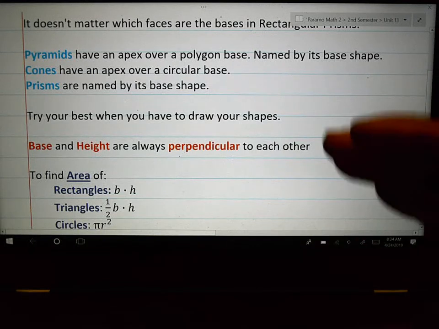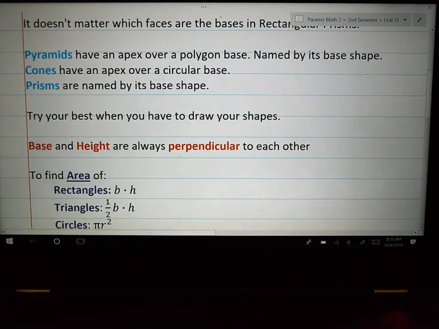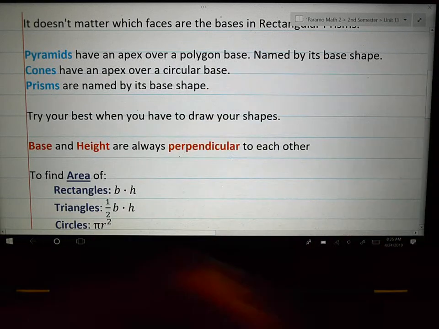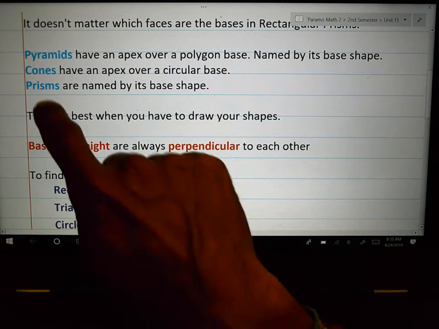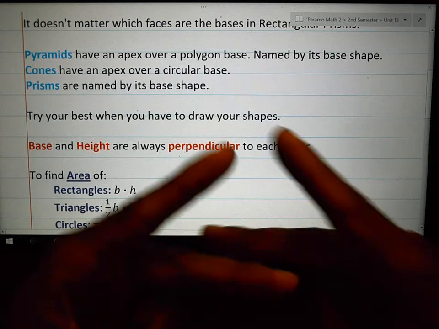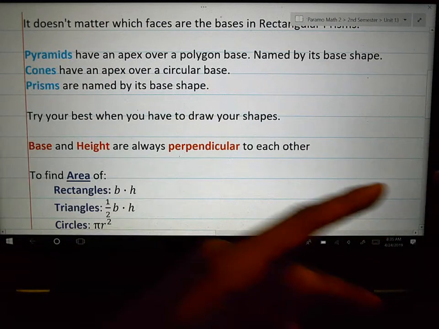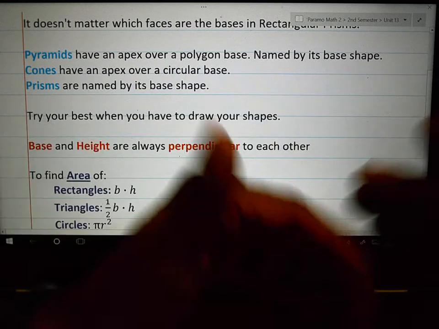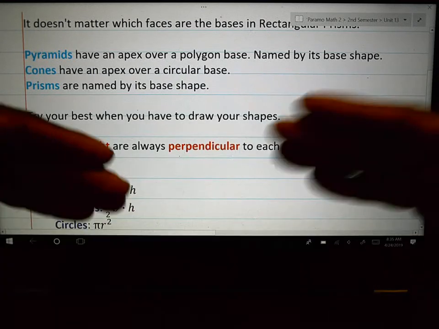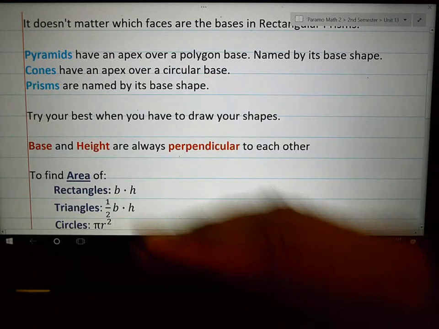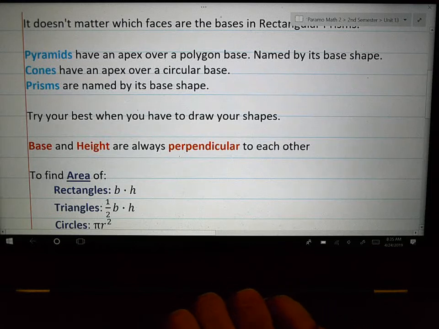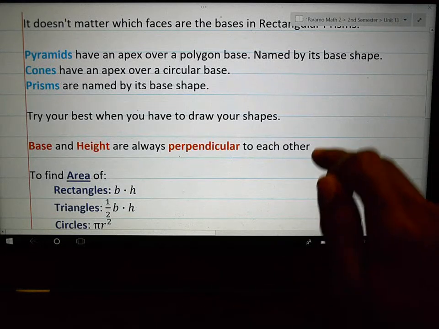You might have to count how many sides it has to be able to name the pyramid. If it's a cone, circular base, you just call it a cone. But if it's a prism, it might be a triangular prism, a rectangular prism, a pentagonal prism, or a trapezoidal prism. We'll look at all those different possibilities on this worksheet.